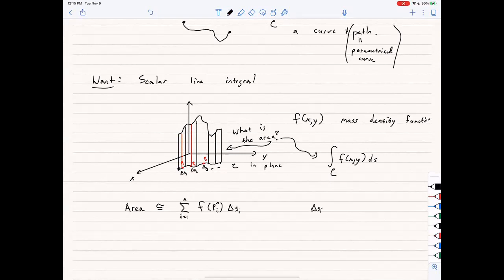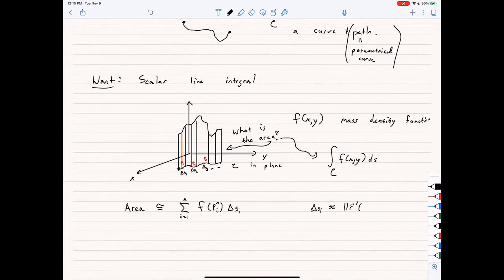Well, del S_i is the length of that little subcurve. And we can approximate that by saying, let's say now we have a parametrization of this curve because we want to do a computation.